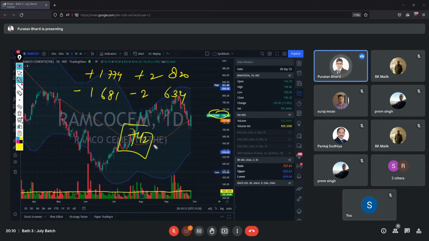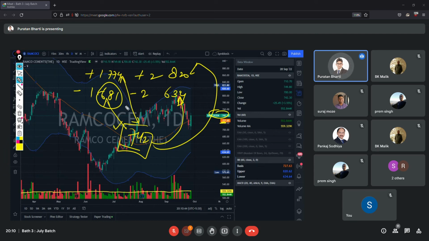From 742 to 820 is a long journey, and even this is a farther journey on the downside. So I am looking at what happens in 68% of the cases, when the stock has only to move about 30 bucks. What happens on the lower side when the stock has to move? So this is 40 and this is about 60 bucks here. So I am only looking at that one.